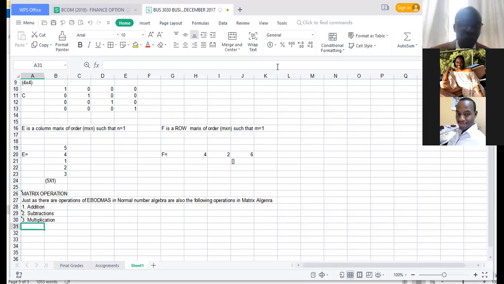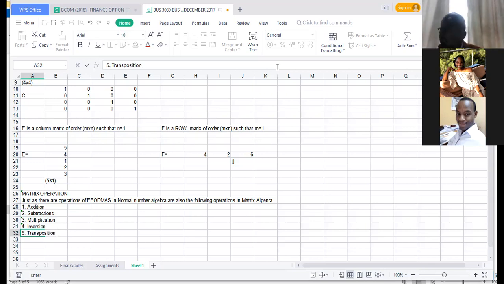Number four, now, we don't divide matrices. We invert matrices, inversion. And then number five, transposition, to transpose.